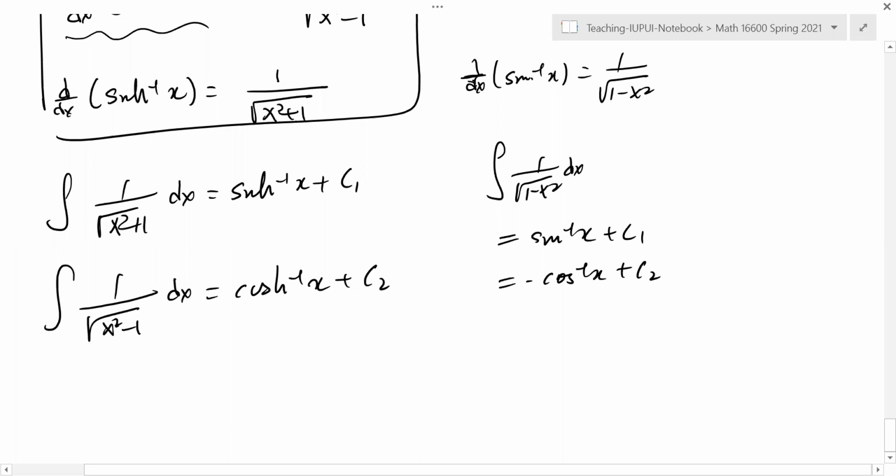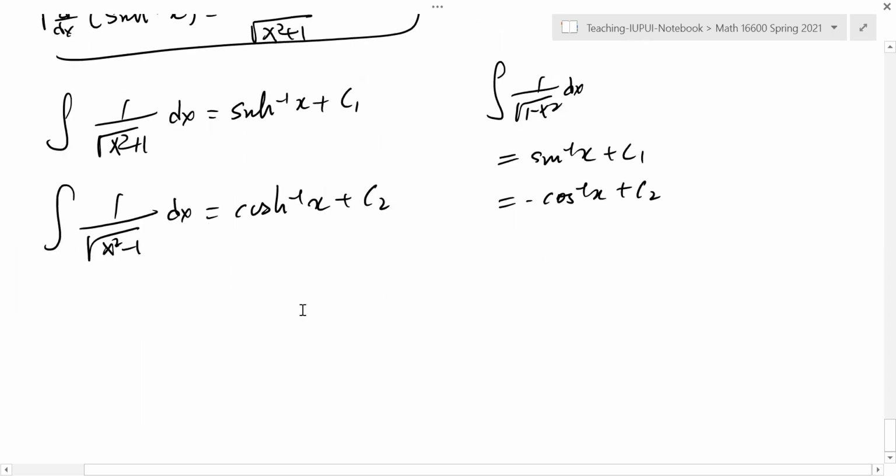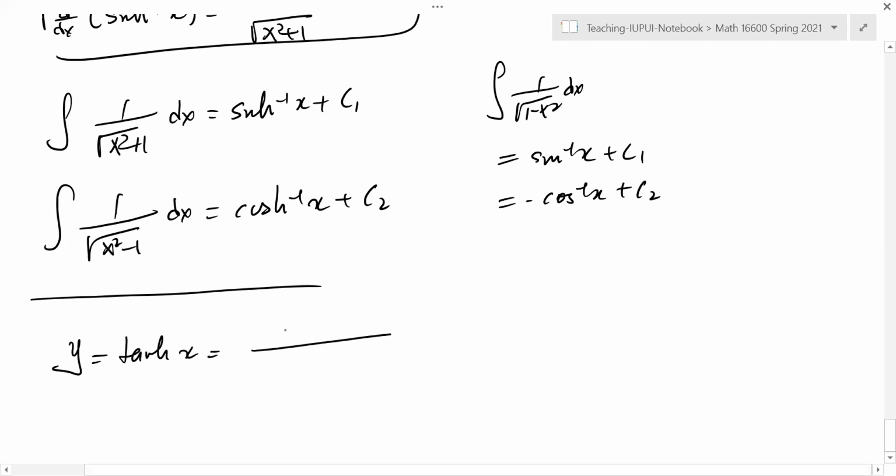Now let's focus on hyperbolic tangent. Are we able to find the inverse of hyperbolic tangent x? So y equals hyperbolic tangent x, which is e to the x minus e to the negative x, over e to the x plus e to the negative x, right?